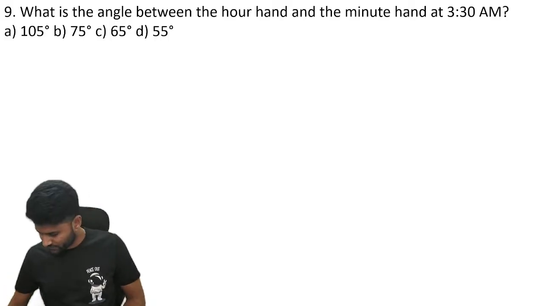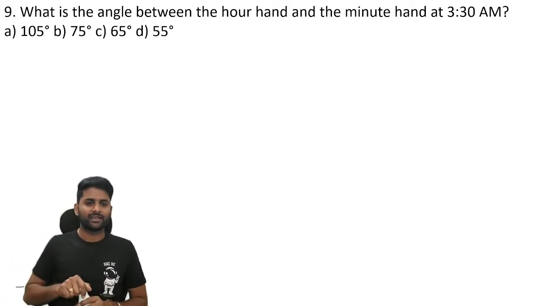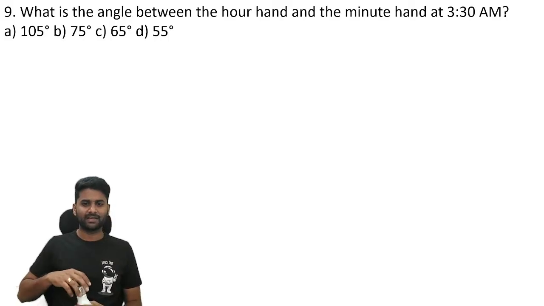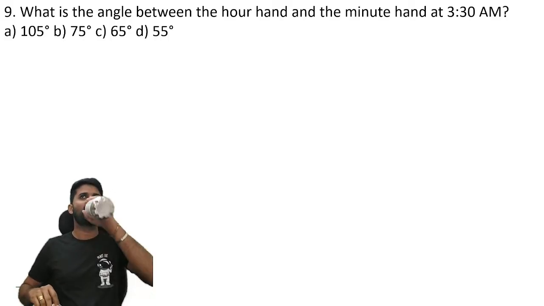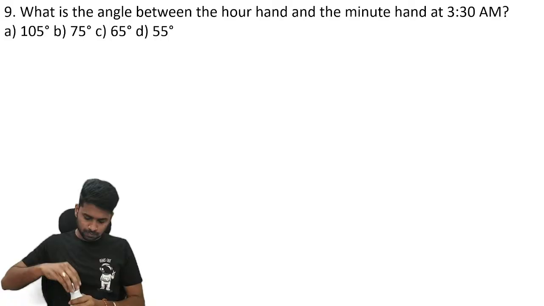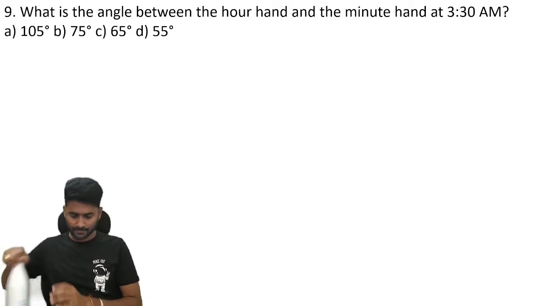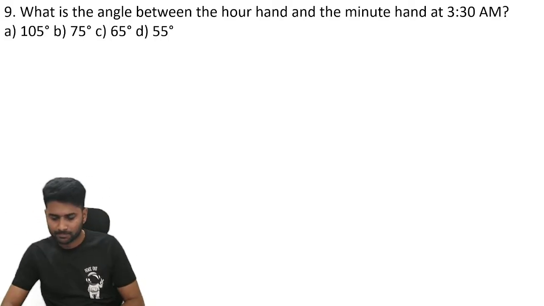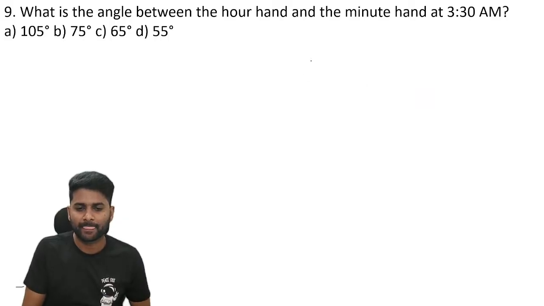Let's see this question from the clocks concept. You have to identify what is the angle when the time is 3:30. Guys, we know the comparison in the clock. Exactly 12 hours is equal to the total clock angle of 360 degrees.